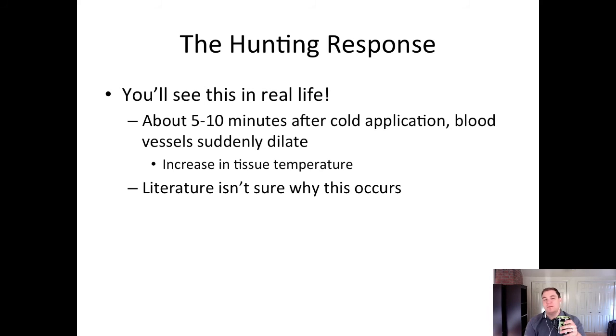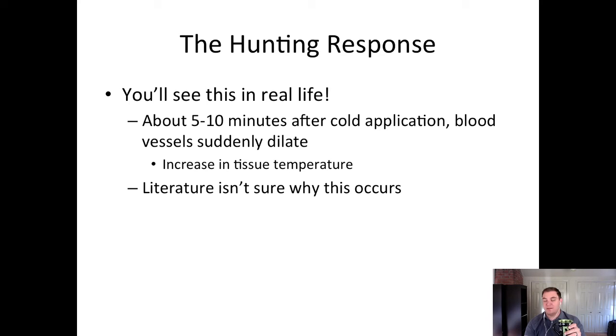You place an ice pack on a patient, and in between the 5 and 10 minute mark, almost always, it might vary depending on the patient, blood vessels suddenly dilate and there's an increase in tissue temperature. So the tissue temperature is decreasing, and then all of a sudden, bam, it goes up. And then it goes back down. We really don't know why this occurs, but it's awesome.